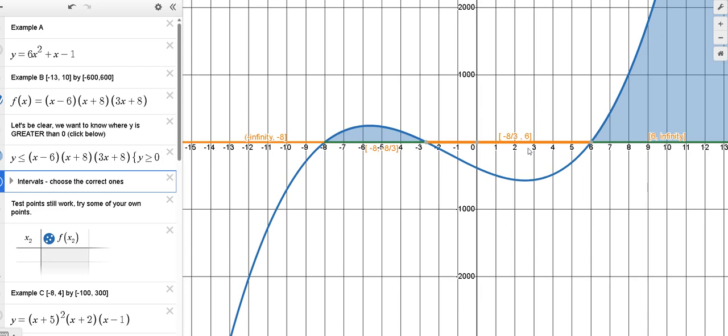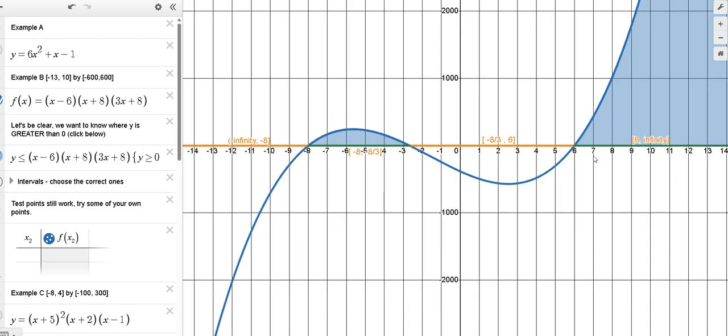Is the inequality above the x-axis in this interval? No, it's not. How about to the right of 6? Should that interval be part of my solution here? Yeah. So I want the intervals where this is above the x-axis.